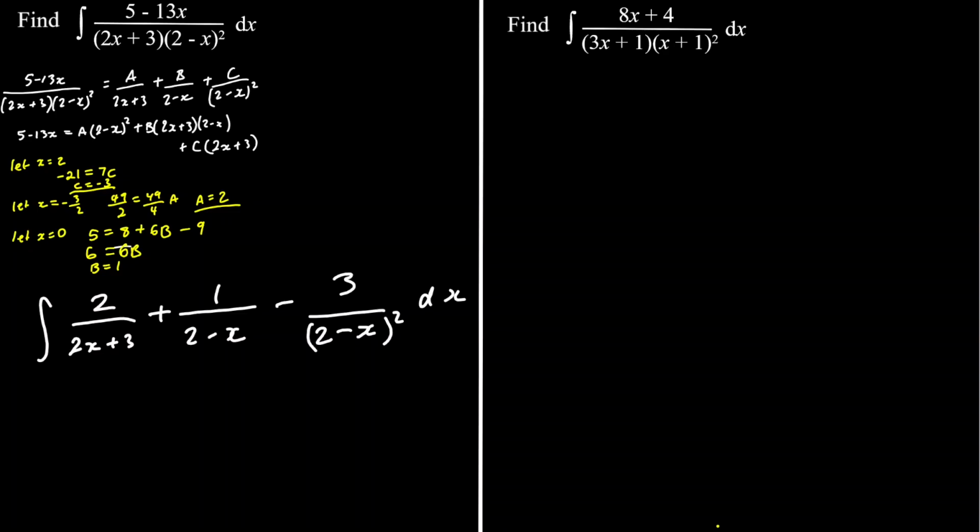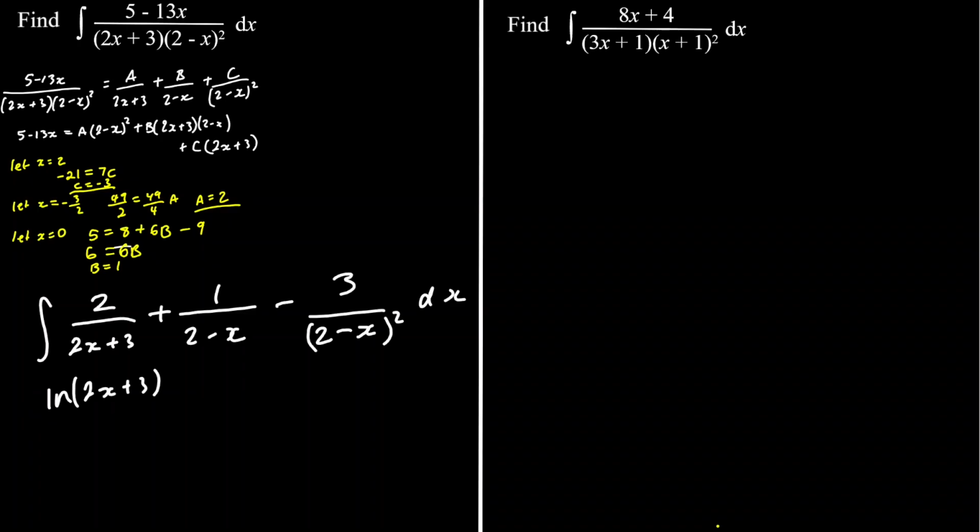And if we differentiate our answer, we should be able to get back to our fraction. So we're going to have 2 log 2x plus 3, but then divide by the bracket differentiated, which is 2. So it's just log 2x plus 3.